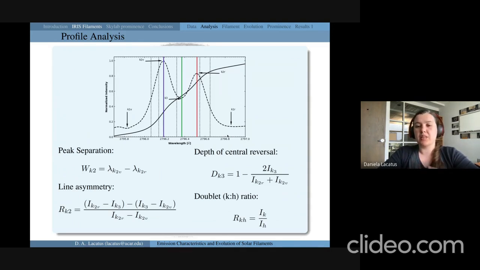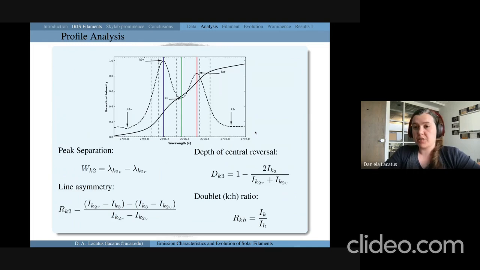I identify the center reversal minimum position close to the 50% percentile, and then I look for peaks to the left, to the blue, and to the red. For the outer minima, I'm using the red ones because, close to the position of the outer minima towards the blue, there's also an iron line that will be identified as a minimum, which is not the true minimum of the profile.